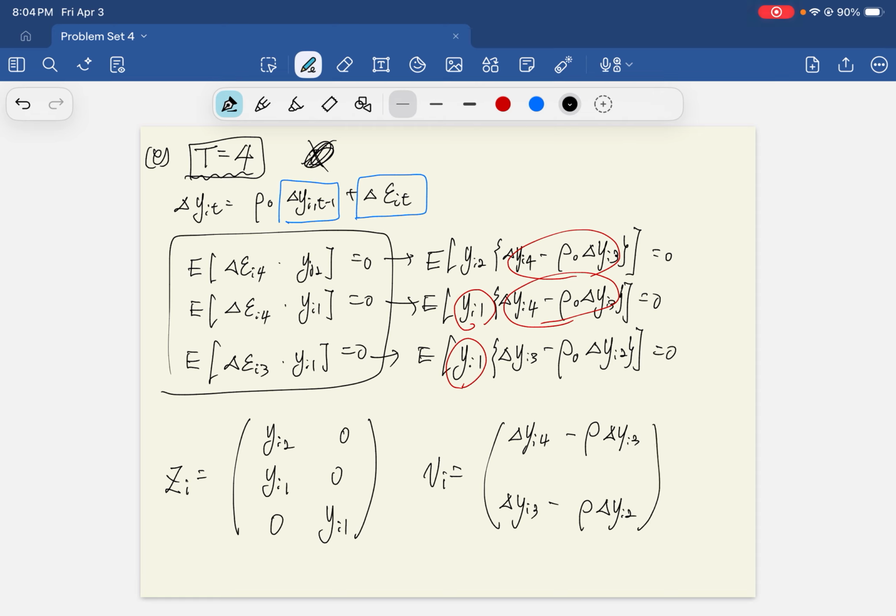Then our moment condition can be written as Z_i V_i equals 0. So it's 3 by 2 and it's 2 by 1. Let me put this as a function of rho: our moment function g_i(rho) will be defined as Z_i times V_i(rho). So then you can handle this asymmetric form easily.